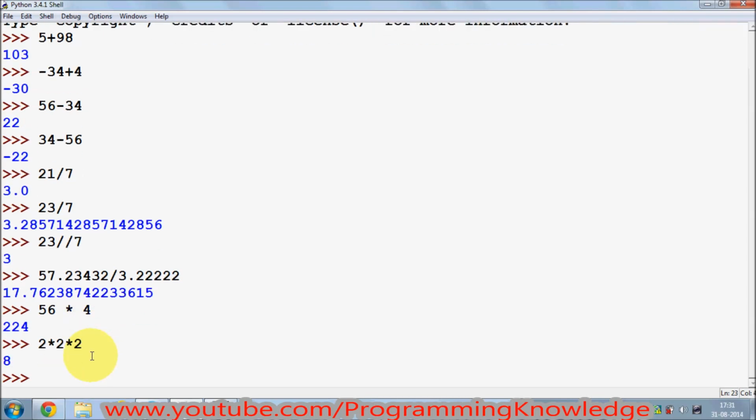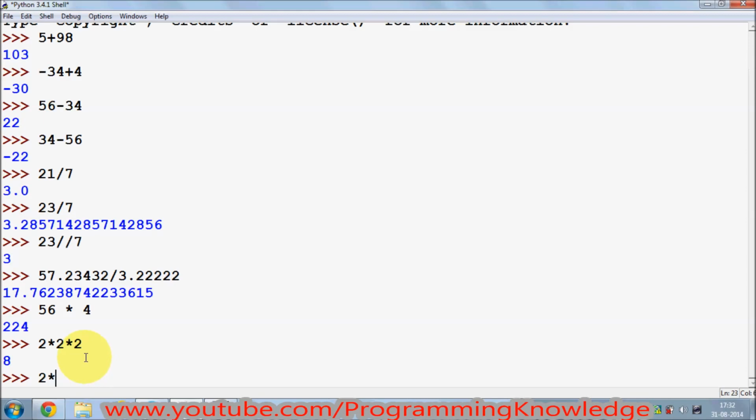But if you want the exponent, for example 2 to the power 15, how can you do it? You would have to write 2 multiplied by 2 multiplied by 2, 15 times, and this will be lengthy, right?